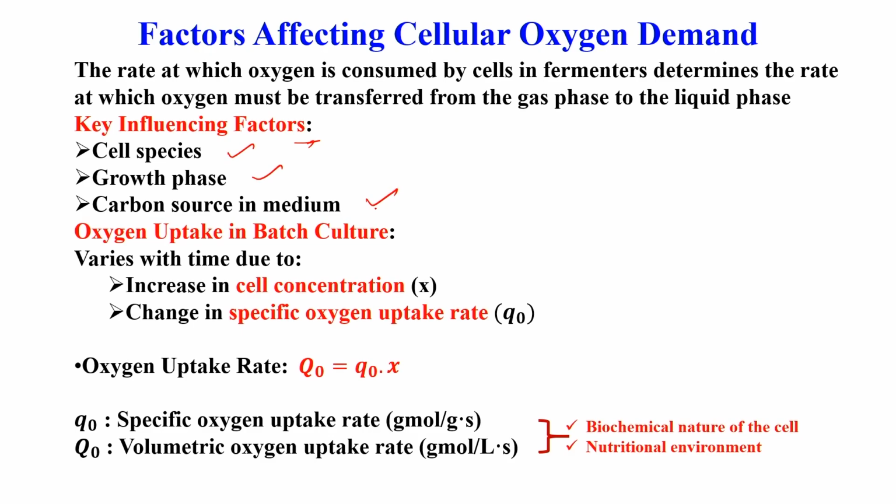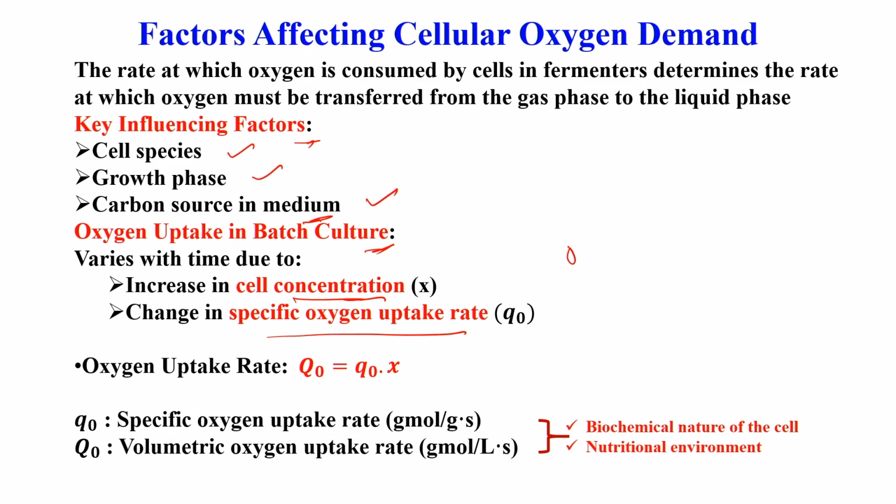Further, because this oxygen is also utilized in the stoichiometric reaction, or you can say carbon metabolism, what is the carbon source also influences the oxygen requirement. So, if you want to see how oxygen uptake varies, that is the increase in the cell concentration X and change in the specific oxygen uptake rate.